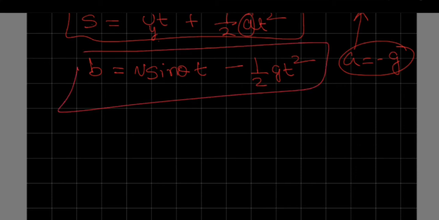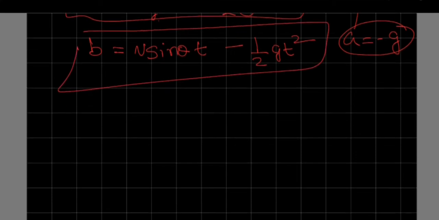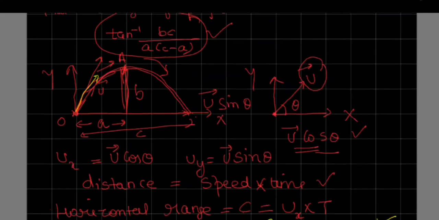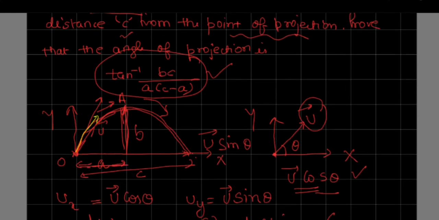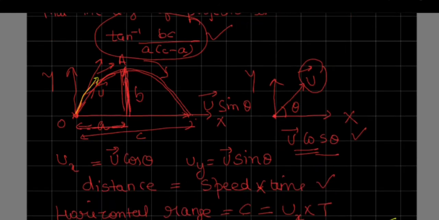Now I would like to ask you, what would be the value of u? Distance is simply speed into time, right? Distance on the x-axis is a in the figure, and distance on the y-axis is b.